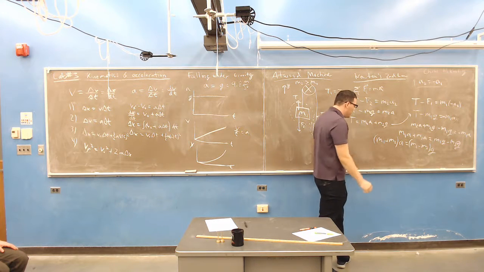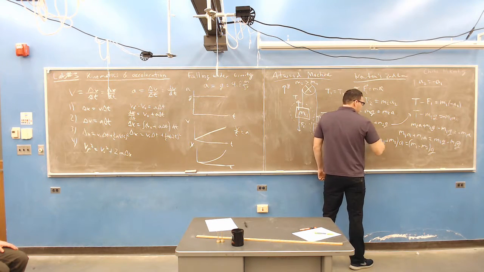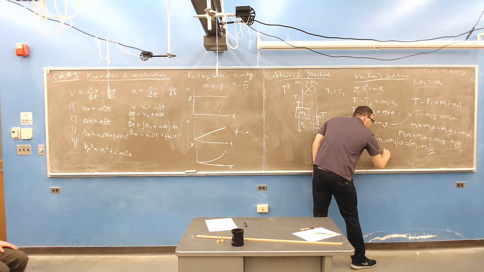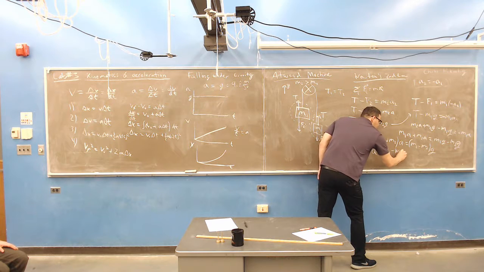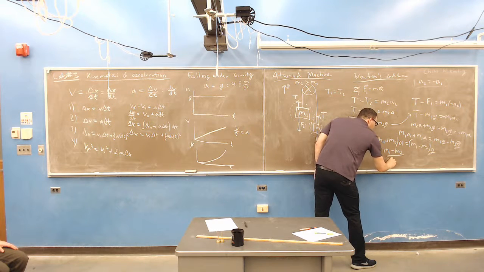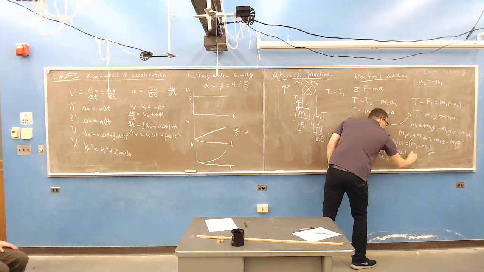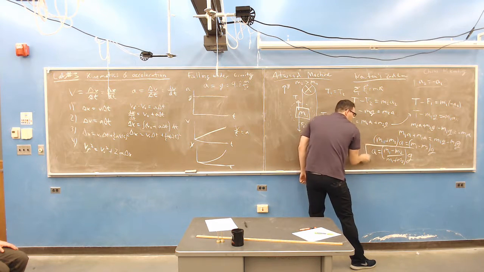And we're almost there. We just got to divide by this m1 plus m2. So a is equal to m1 minus m2 over m1 plus m2 times g, and that is what we're looking for.